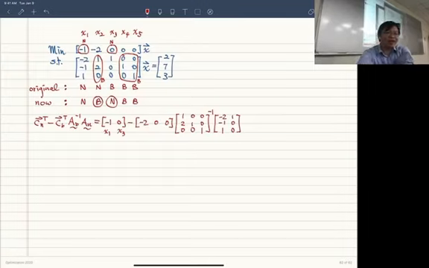So the problem of giving you a problem like this in the exam is that how do you do the inverse? I can only give you a problem at most 3 by 3. Otherwise, you couldn't handle it. Let me see.